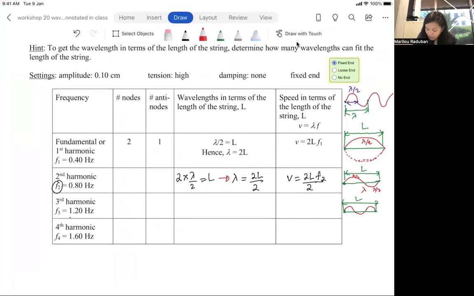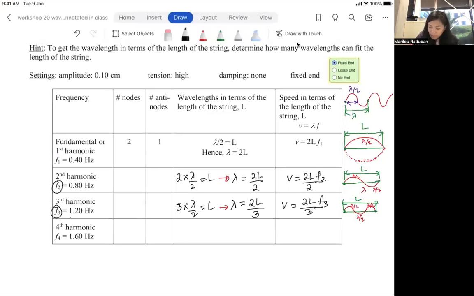This is half a wavelength, that's half a wavelength, and this is half a wavelength. So you have 3 half wavelengths contained within the length of the string. We rearrange that to isolate wavelength: wavelength will be equal to 2 times L over 3. Therefore, speed is equal to 2L over 3 times the frequency, which is F3.